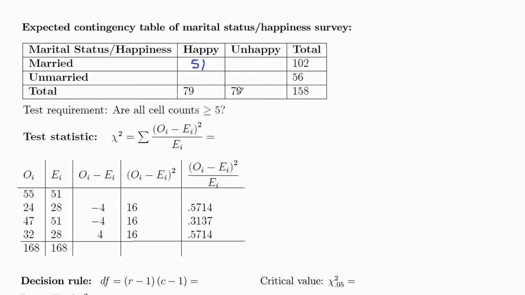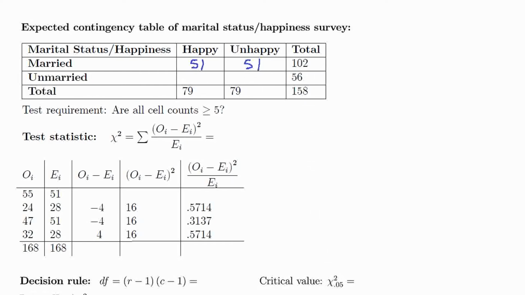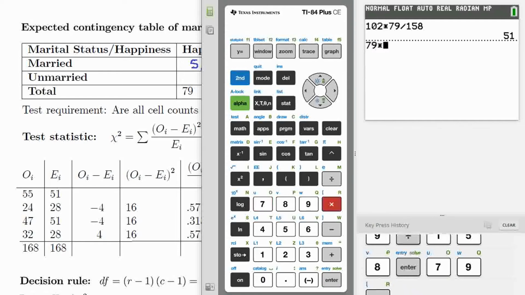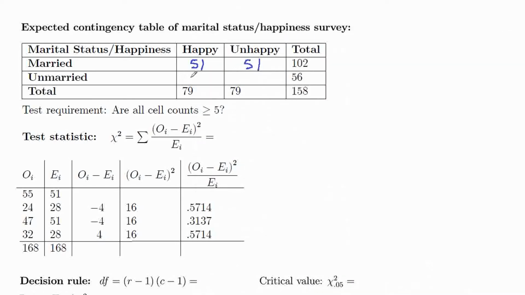So 102 times 79 divided by 158. That will also be 51. Same numbers. And then here, happy unmarried. 79 is your column total, 56 your row total. Divide by 158. So 79 times 56 divided by 158. 28. And then the same 28 here. 79 times 56 divided by 158.